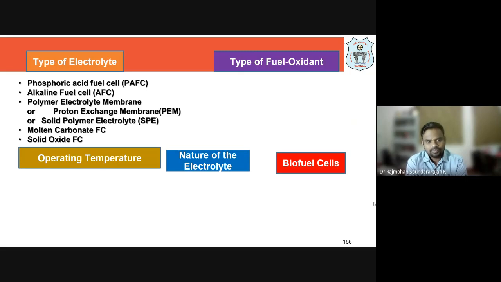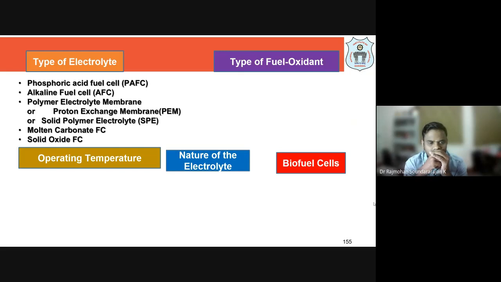And if a polymer electrolyte membrane or proton exchange membrane is used, that is called solid polymer electrolyte membrane fuel cells, or polymer electrolyte membrane fuel cells, or proton exchange membrane fuel cells. All three represent the same, okay.